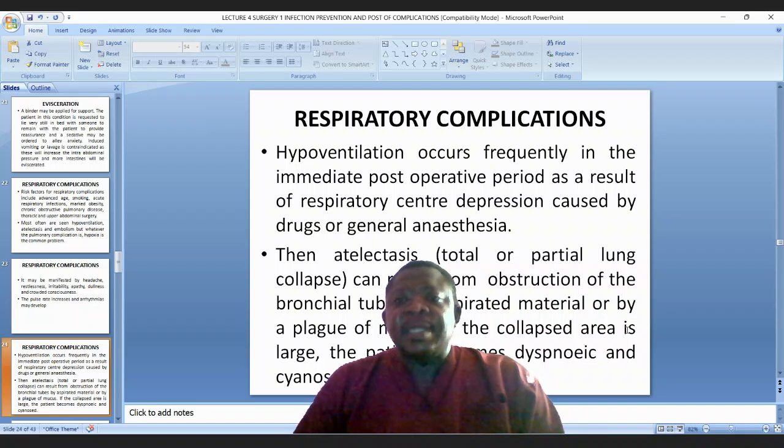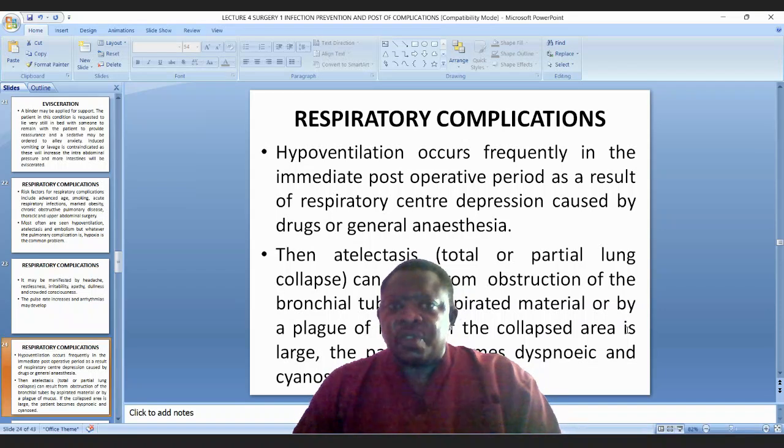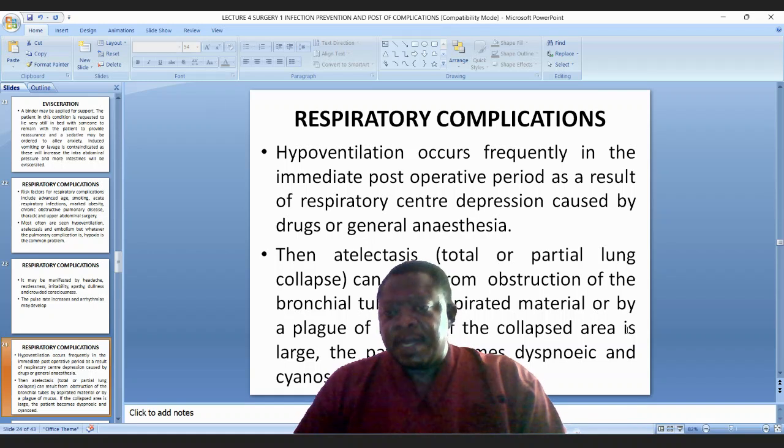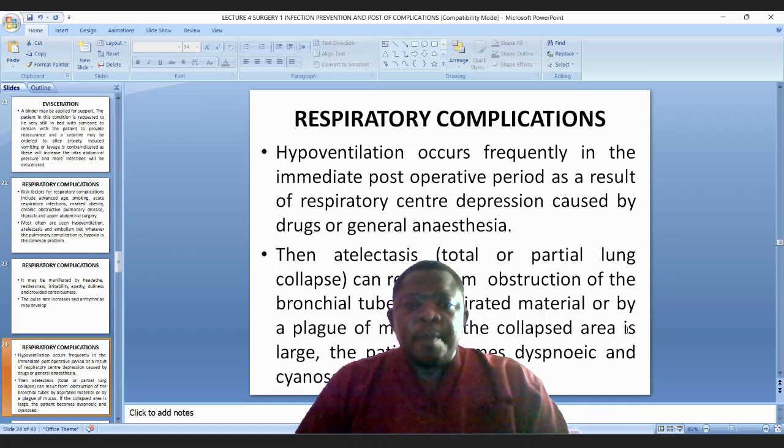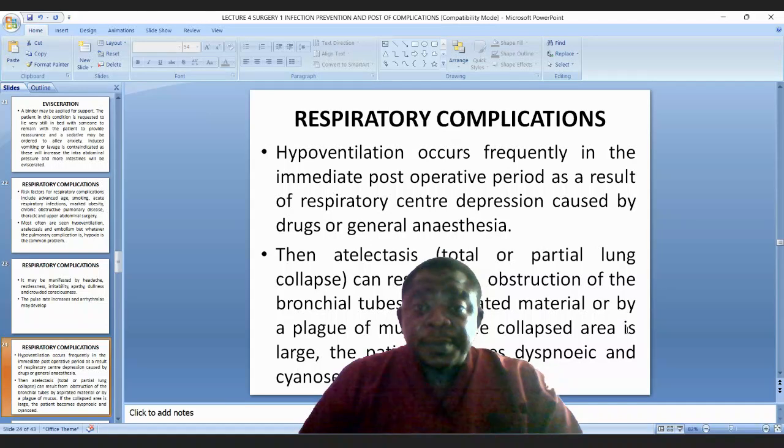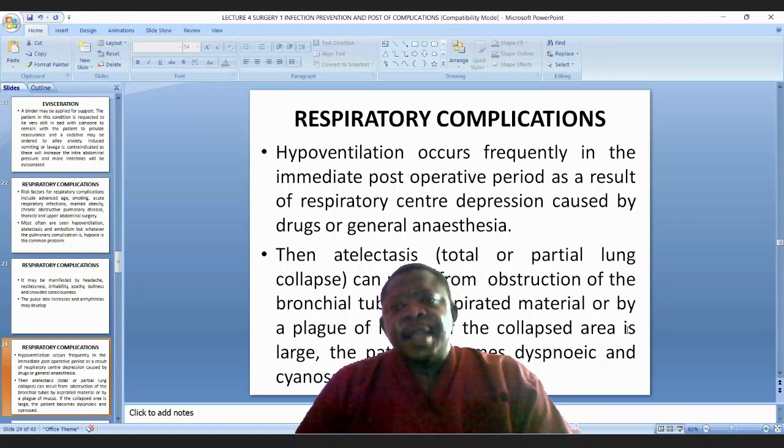Atelectasis, which is a total or partial lung collapse, okay, can result from obstruction of bronchial tubes by aspirated material or a plug of mucus. If the collapse area is large, the patient becomes dyspneic and cyanosed.